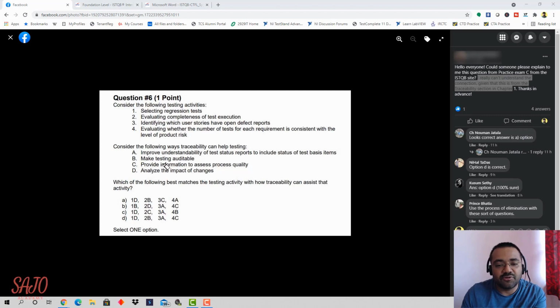It provides the information to assess the process quality, so whether you have enough or adequate test cases, whether you are achieving the minimal acceptable requirement to test case ratio or not. And you can do this only for the areas where you see high risk, maybe the security relevant or safety relevant requirements. So with that, D is the right answer.